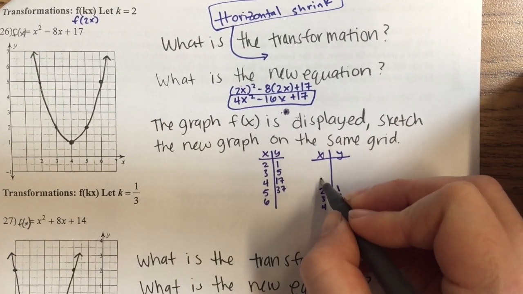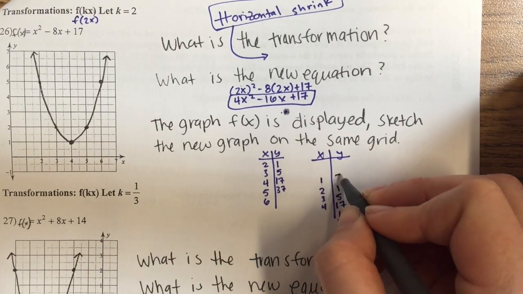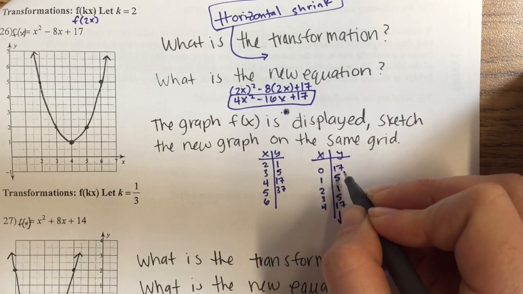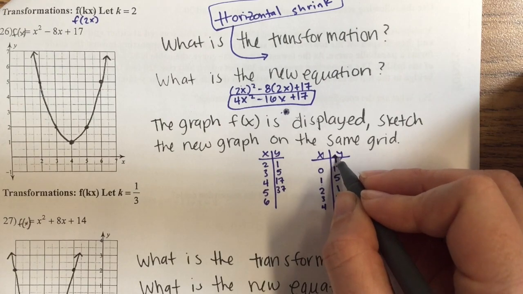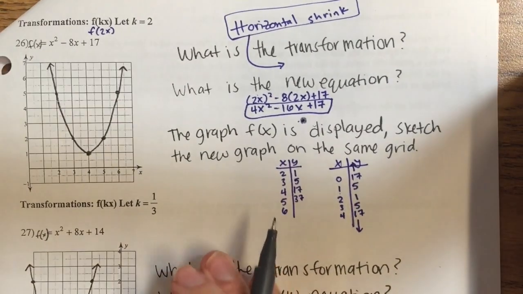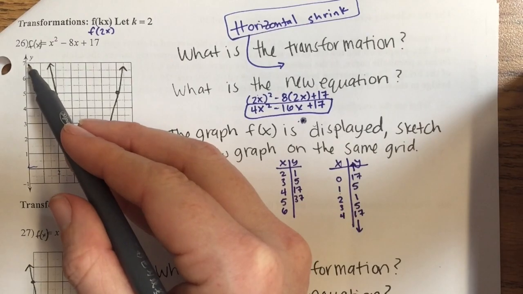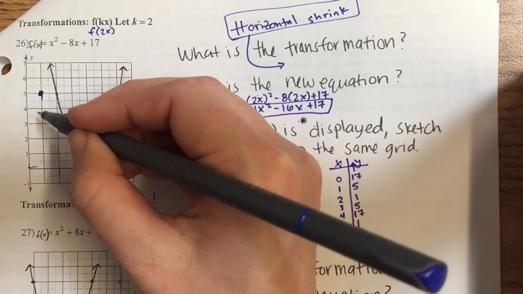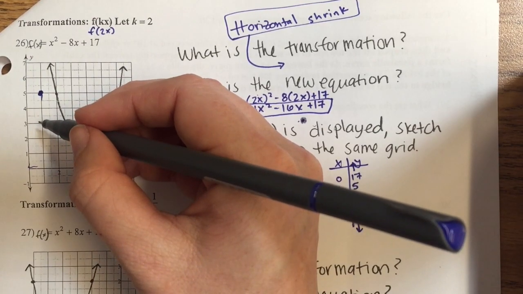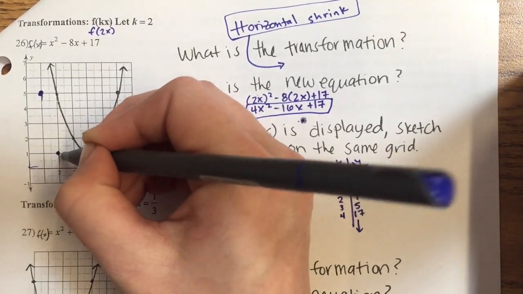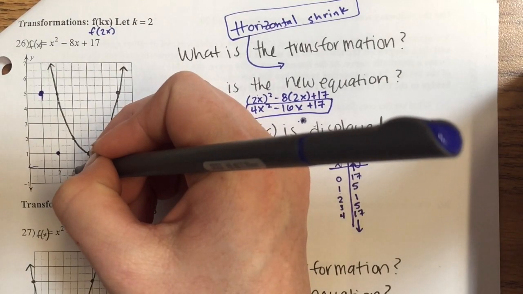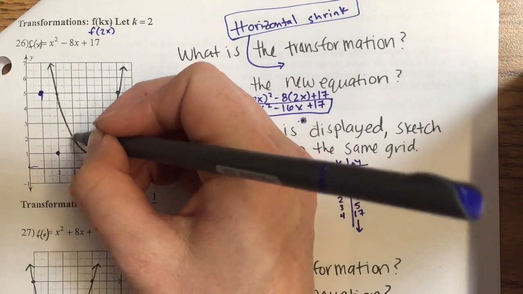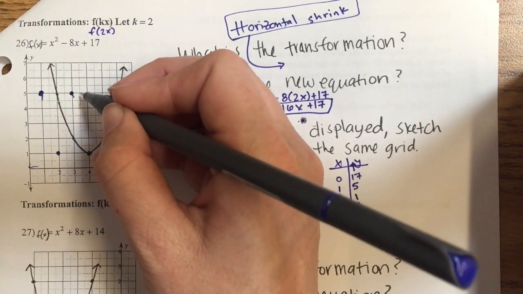So I'm going to plug in a 1. I get 5. I plug in 0. There we go. Now it's starting to go up this way. 0, 17 doesn't fit. 1 up 5. 2 up 1. 3 is up 5, and then 4 is up 17.